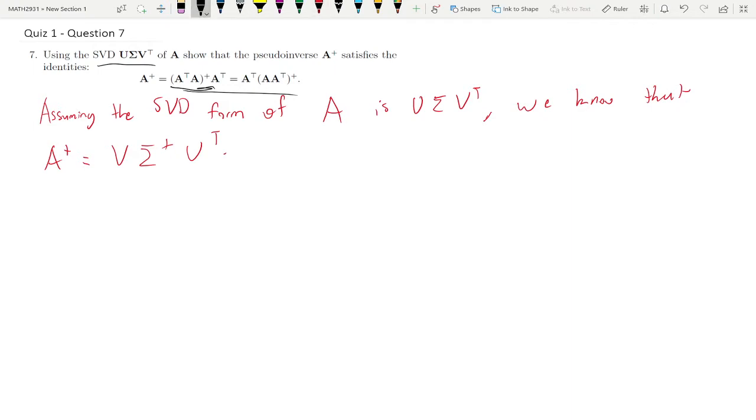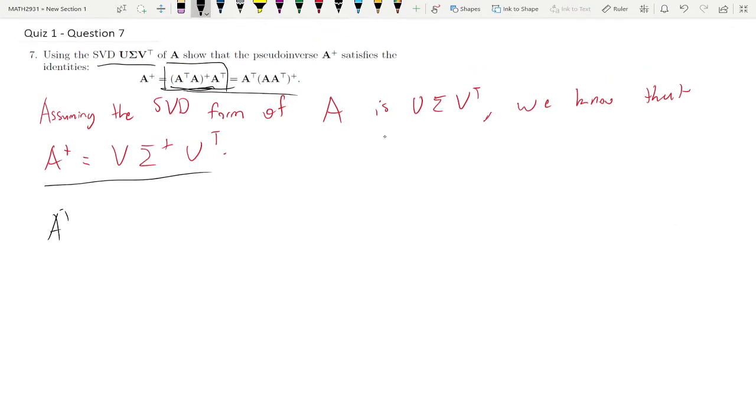And that should be fine as a known result. So that's the left-hand side. So all you need to do is show this thing over here actually has the same form as this, right? So we'll just plug things in at this point.